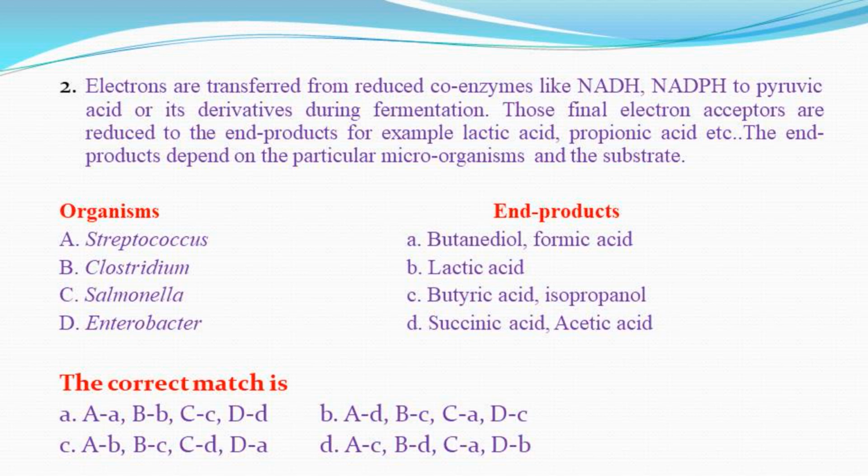So they have given a list of organisms and their end products, and we have to match which one is correct. So Streptococcus will go with lactic acid. Clostridium produces butyric acid and isopropanol. Salmonella produces succinic acid and acetic acid. And finally, Enterobacter will produce butanediol and formic acid. So the correct option here is option C.